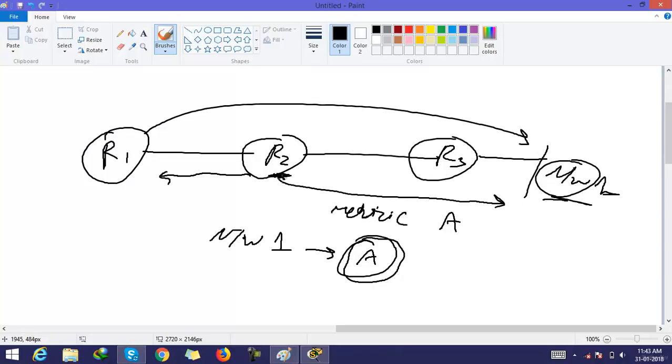So R1 considers this metric as the advertised distance.